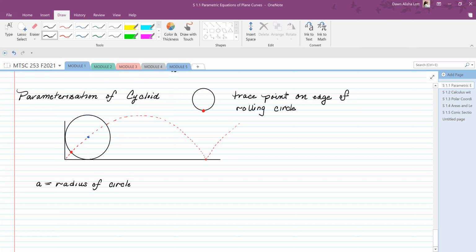So this point right here is the point A times T, 0, okay? All right, so from 0 to T is the distance that the circle has rolled.